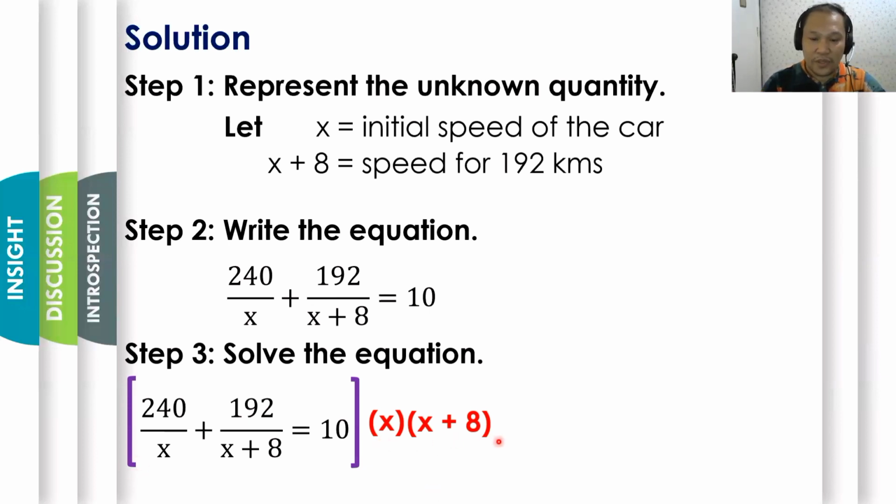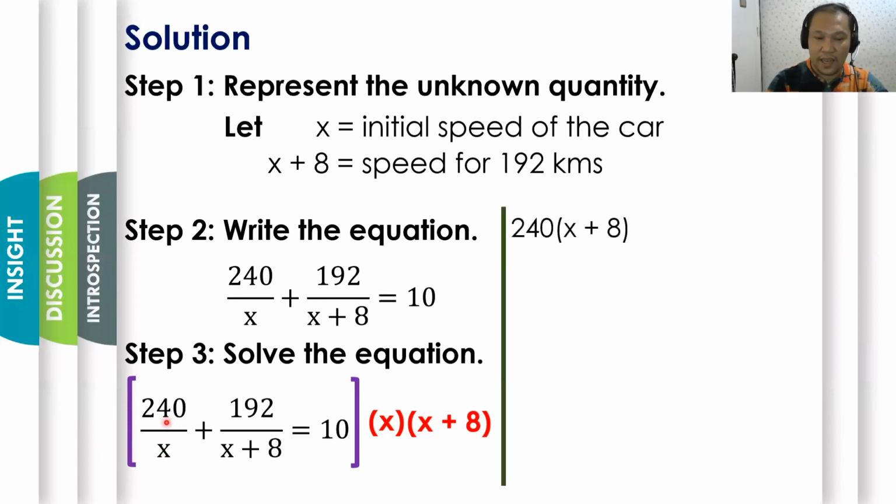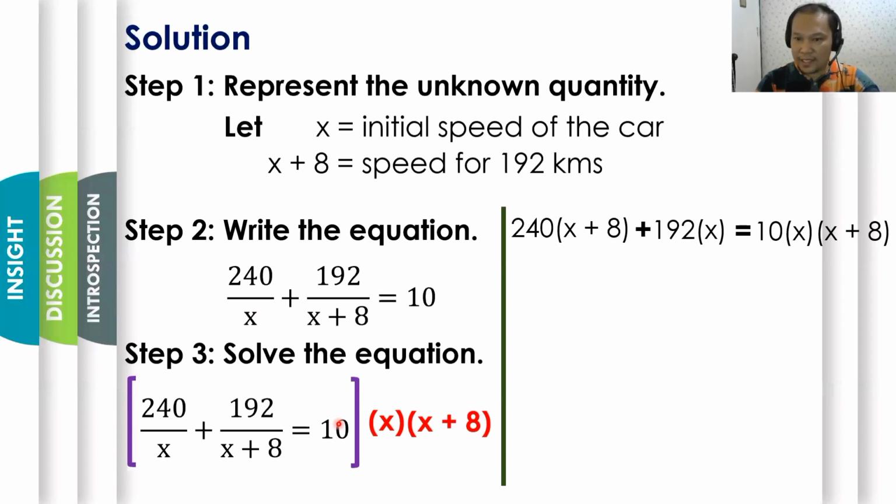The LCD, x times x plus 8, divided by x, the answer will be x plus 8 multiplied by 240. Then the LCD divided by x plus 8, the answer will be x times 192, is equal to x times x plus 8 divided by 1 multiplied by 10. Then we have 10 times x times the quantity x plus 8.